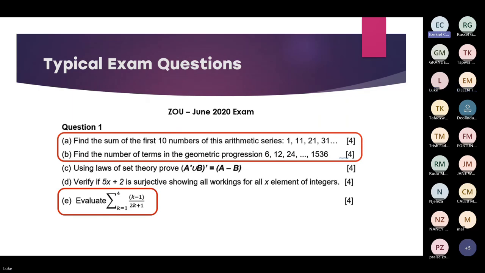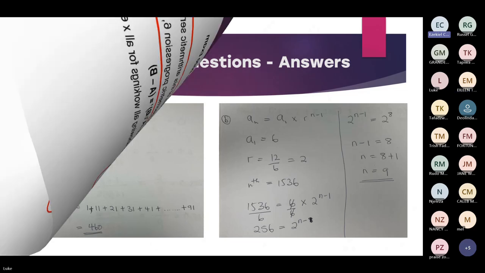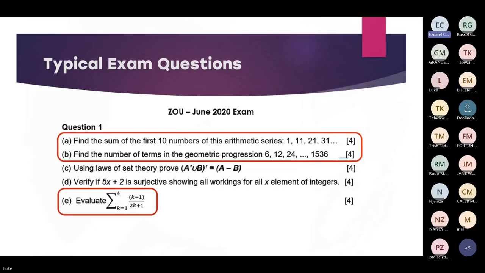So the formula is n over 2, which is 10 over 2, and you get 5. Then times 2a, which is 2 times 1, plus (n minus 1) times d. If you look at that formula, you just plug in those values. You are supposed to just find d, and the n you already have.